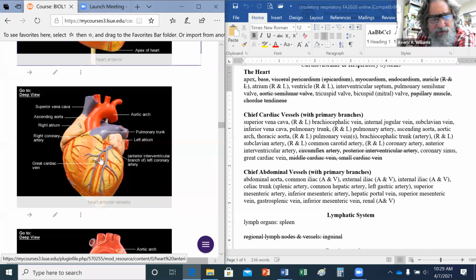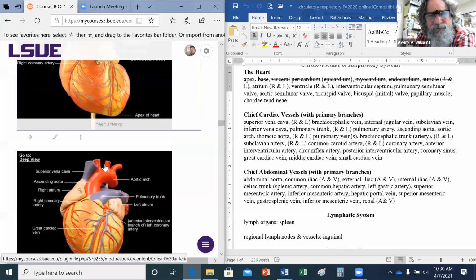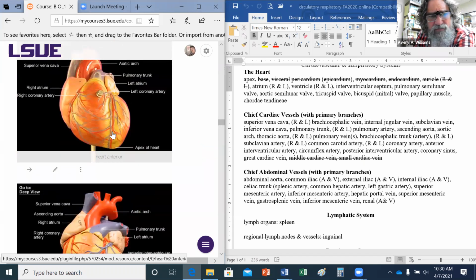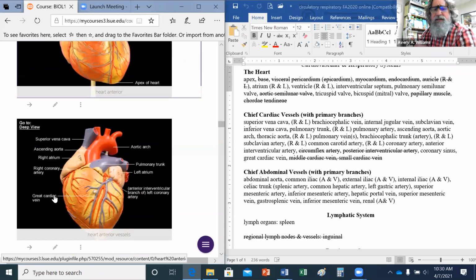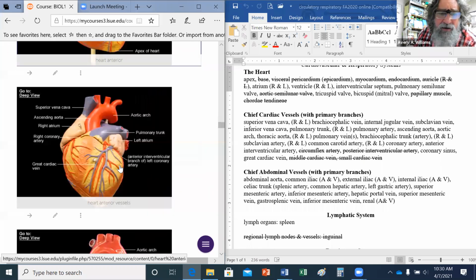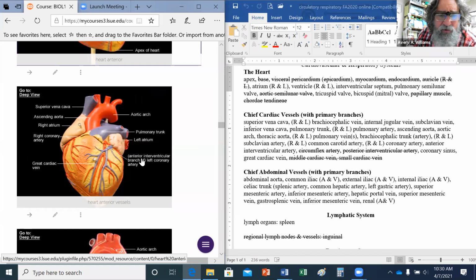Okay, the great cardiac vein, that's the big blue one. Here they show it split. It doesn't always look like that. It's usually like this, just one big blue one in the front. The great cardiac vein is basically the equivalent to the anterior interventricular artery.